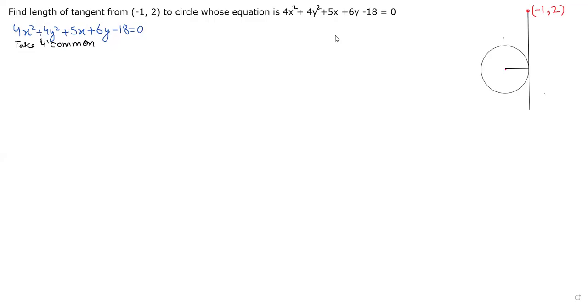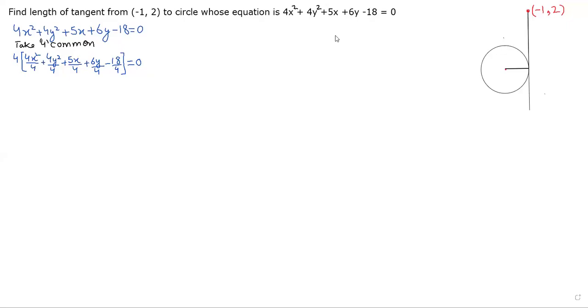When I take 4 common, every term will be divided by 4: 4x square divided by 4, 4y square divided by 4, plus 5x divided by 4, plus 6y divided by 4, minus 18 divided by 4 equals 0.